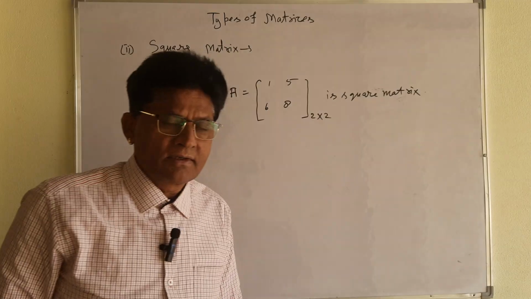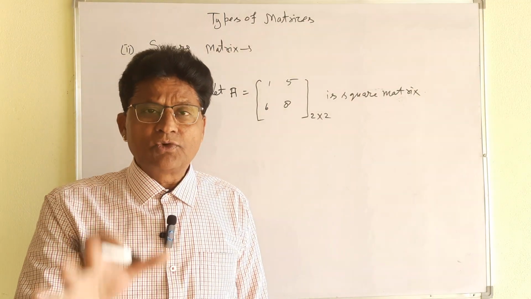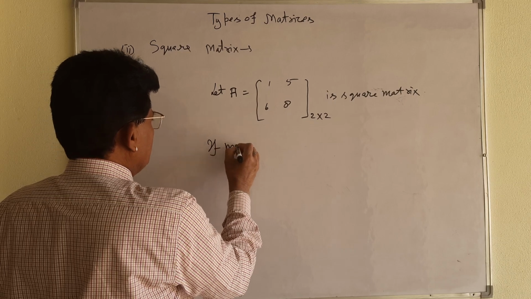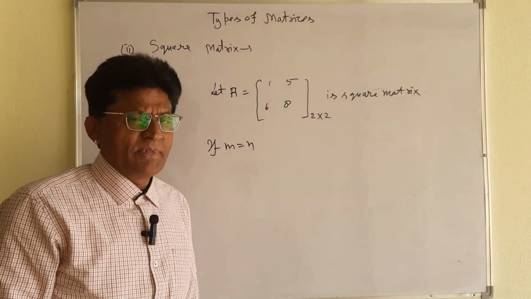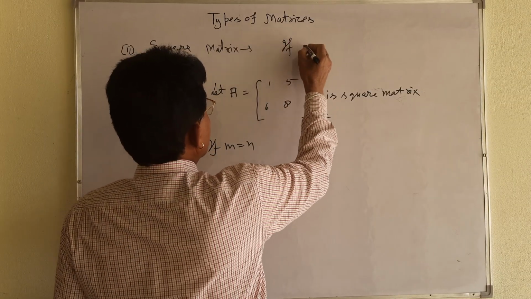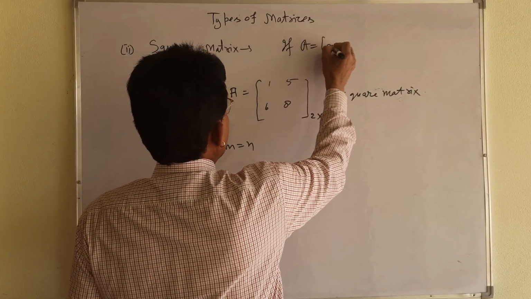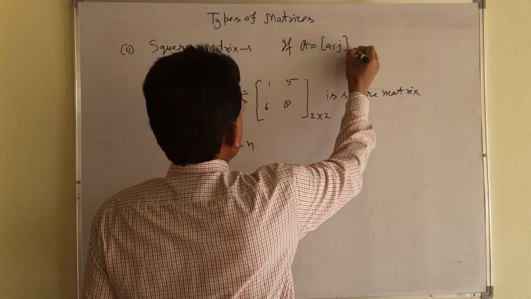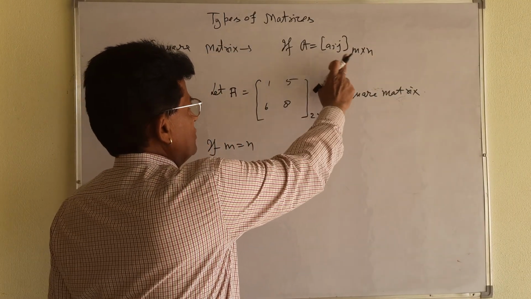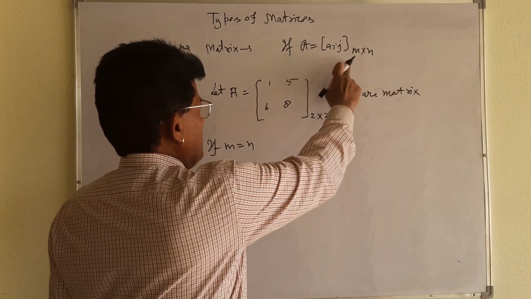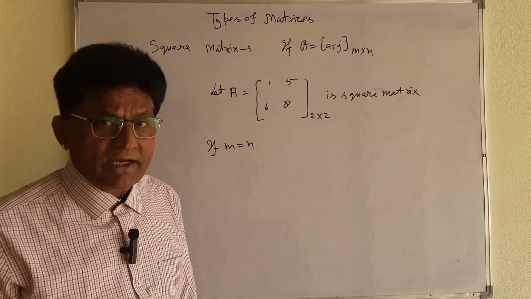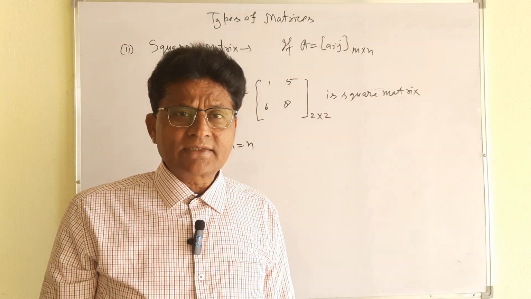Square matrix means the number of rows will be equal to the number of columns. How will you write it in general? m is equal to n. I have told you that if matrix A is equal to [aij], i is the row, j is the column, m rows, n columns. If m is equal to n, then the matrix will be a square matrix.